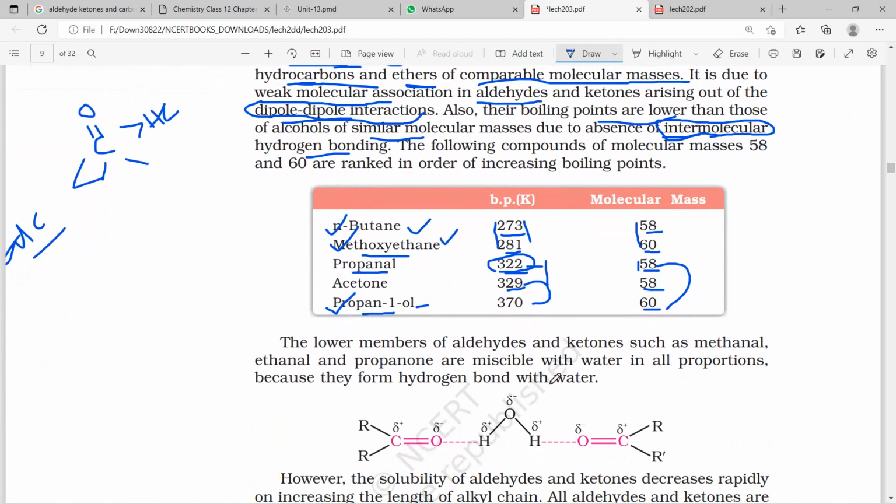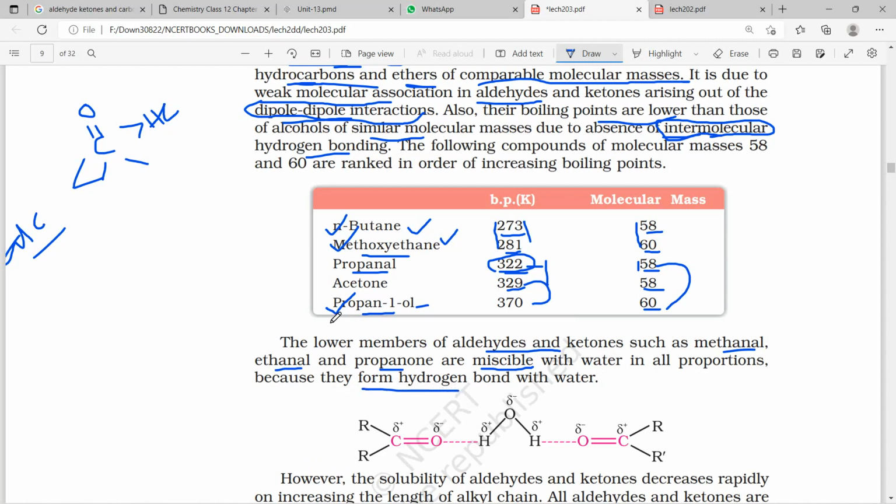Then the lower members of carbonyl compounds, aldehydes and ketones, like methanal HCHO, ethanal CH3CHO, and propanal, are miscible with water. They are easily soluble in water in all proportions because they form hydrogen bonds with water.